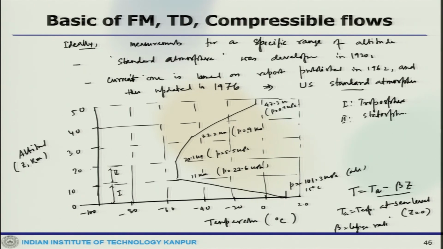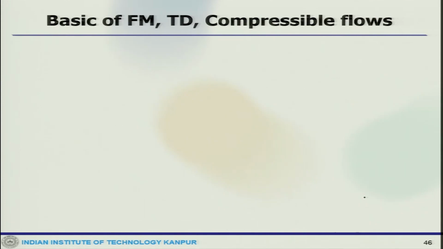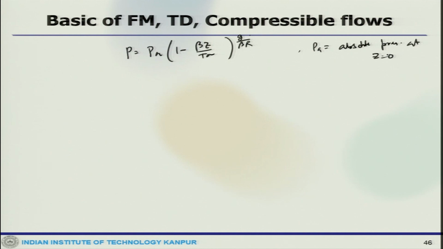Now, if we use this equation along with the previous equation, we get pressure P equals Pa times (1 minus beta z by Ta) to the power g by beta R. Again Pa is the absolute pressure at Z0.